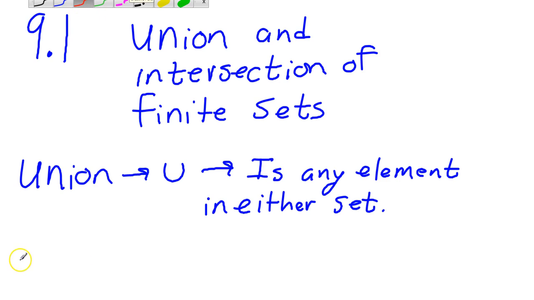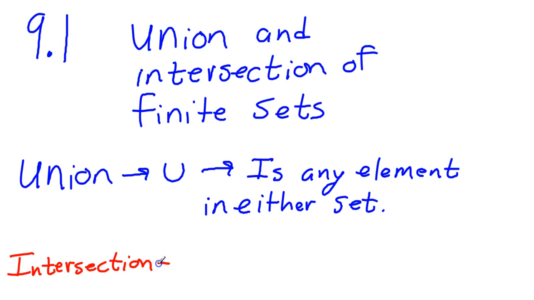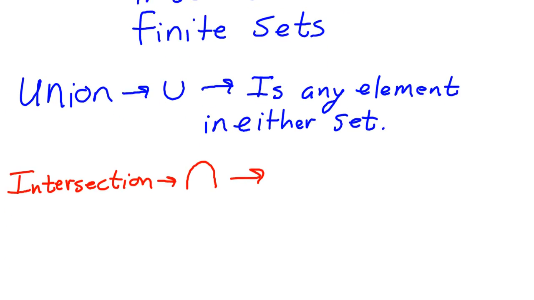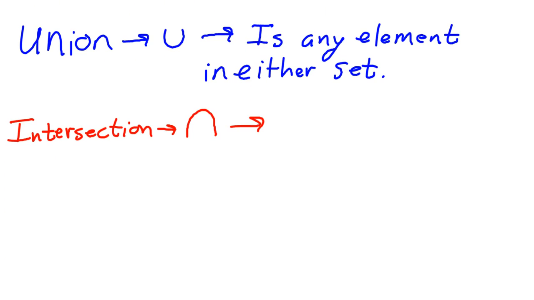When you talk about the intersection, they're going to go the opposite. They're going to give it upside down. And for the intersection, it's the elements that are in both sets.